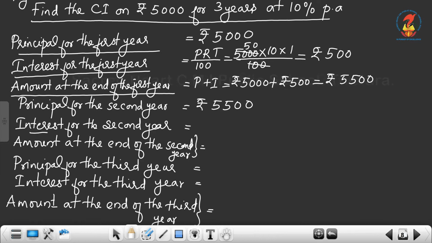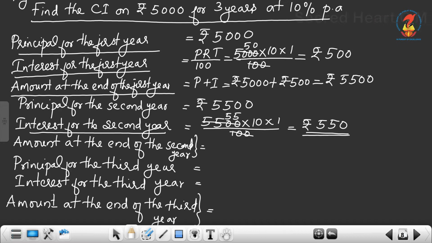Now we have to calculate the interest for the second year using the simple interest formula PRT divided by 100. So 5,500 into R is 10 into 1 divided by 100. Then we can cancel 100 and 5,500, we will get 55, so the answer is rupees 550. So the second year interest is rupees 550.